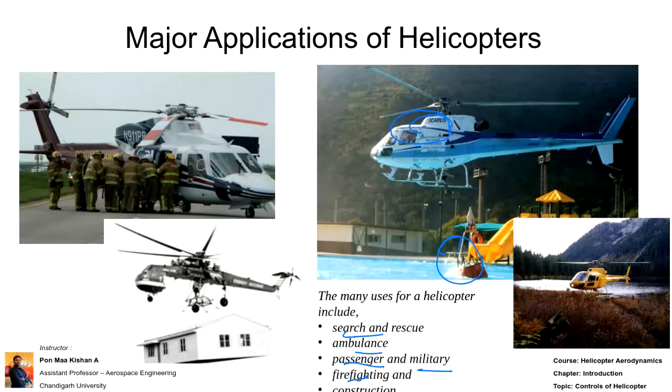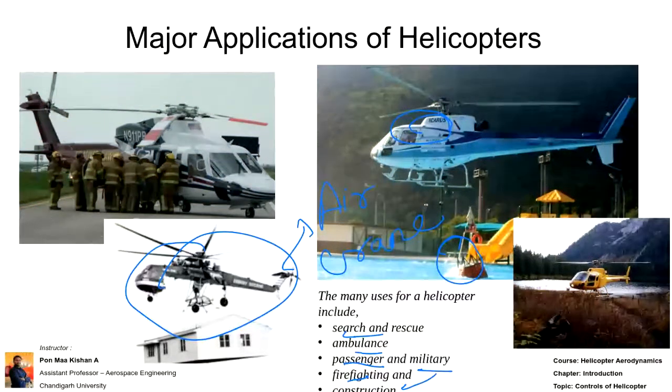Okay. So as well as it is used for construction. So in the Himalayas, most of the Himalayan towers, right, as well as some buildings were constructed using the helicopter, which is called as air crane. Okay, so which is called as air crane. So it is used to lift, it will be acting like a crane itself.